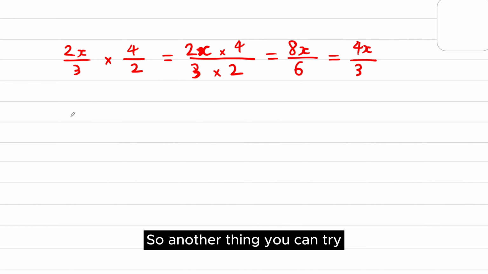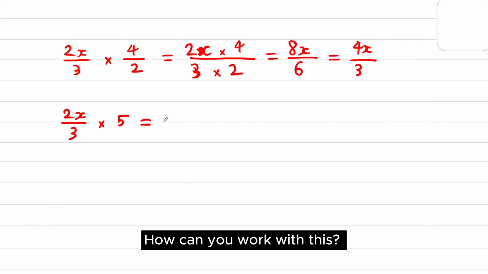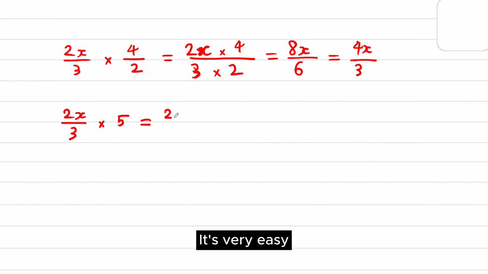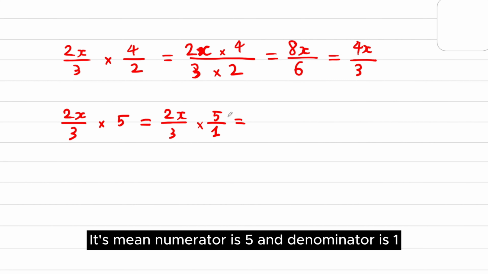Another thing you can try is 2x over 3 multiplied by only 5. How can you work with this? It's very easy. You can think of 5 in fractional form as 5 over 1, so the numerator is 5 and the denominator is 1.